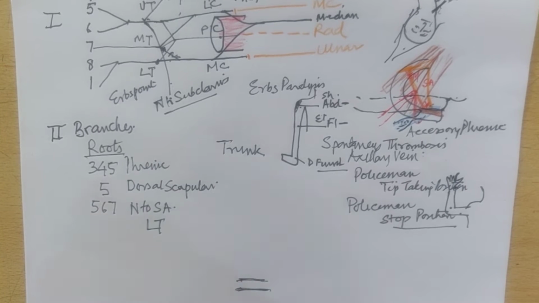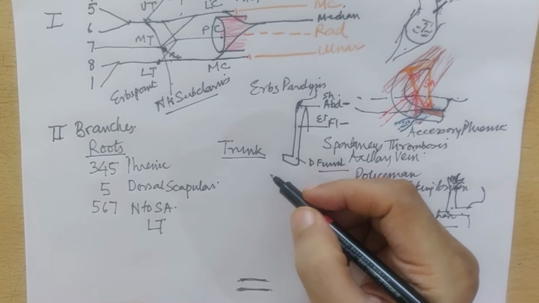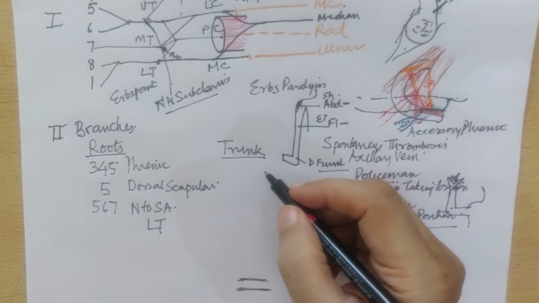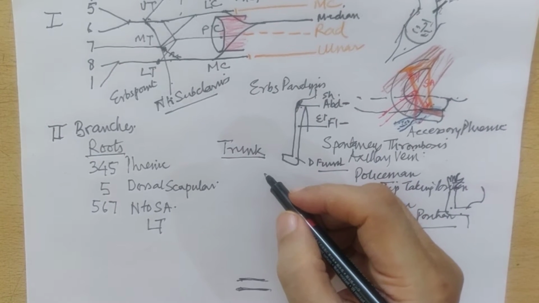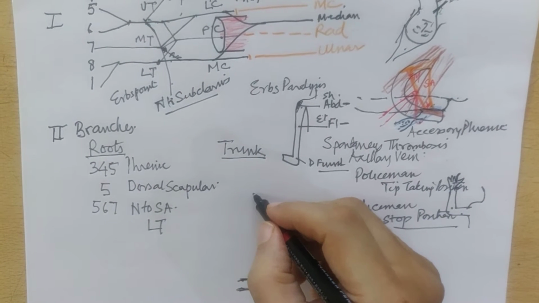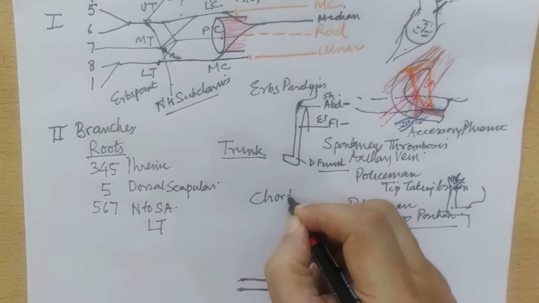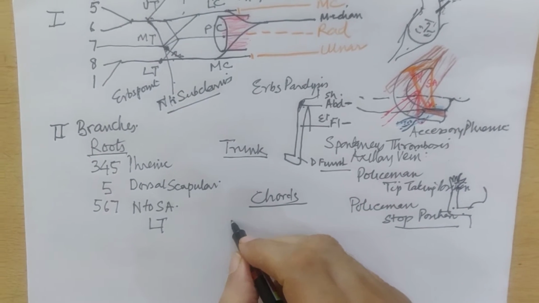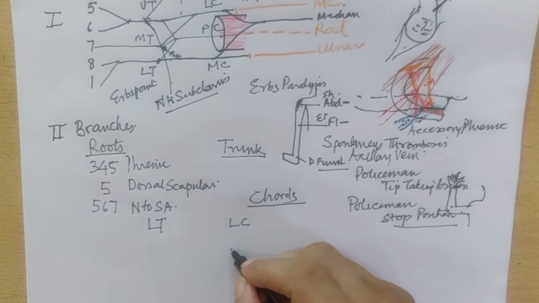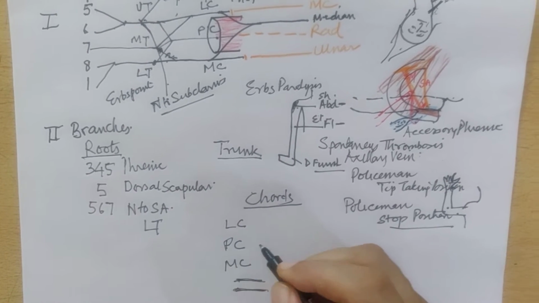So branches, then the trunk, and then the divisions give no branches, but the roots do. So the cords give branches. I told you that there is a lateral cord, there is a medial cord, and there is a posterior cord.